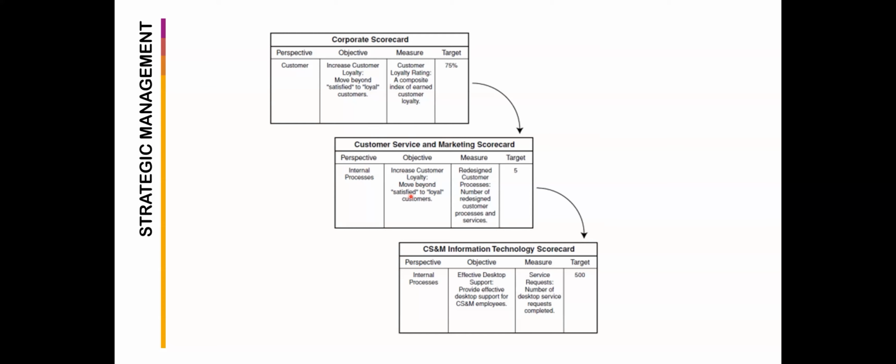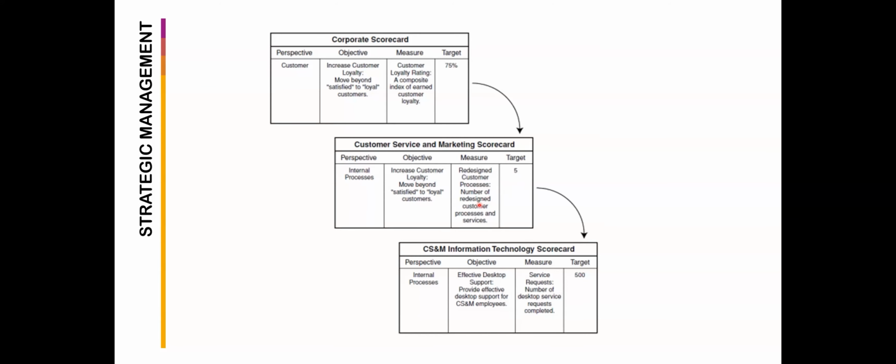So what was the customer perspective in the corporate scorecard becomes an internal process perspective in the customer service and marketing department scorecard. What they want to do specifically to increase customer loyalty is to redesign customer processes, and the number of processes that they want to redesign is 5.